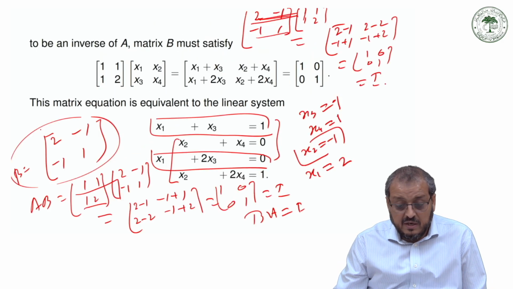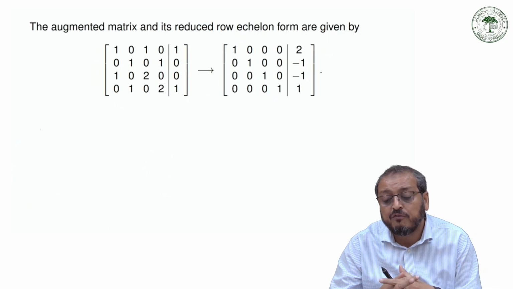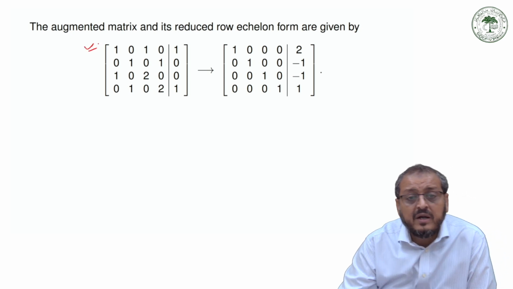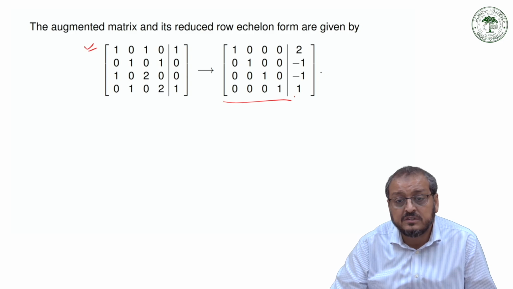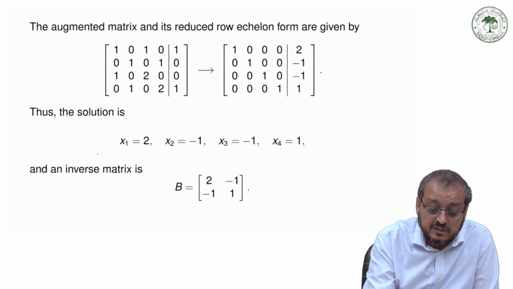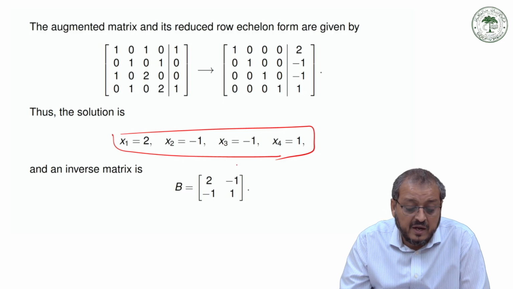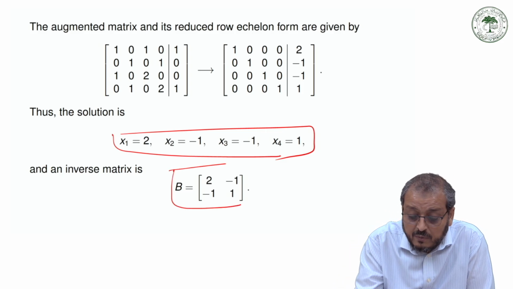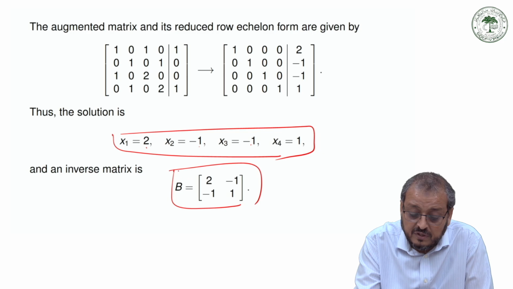Now suppose the augmented matrix and its reduced echelon form are given. Initially we have the augmented matrix, and this is the echelon form of this matrix. Then the solution of this system of equations is given by the inverse of the matrix A, which is B, equal to 2, -1, -1, in this form.